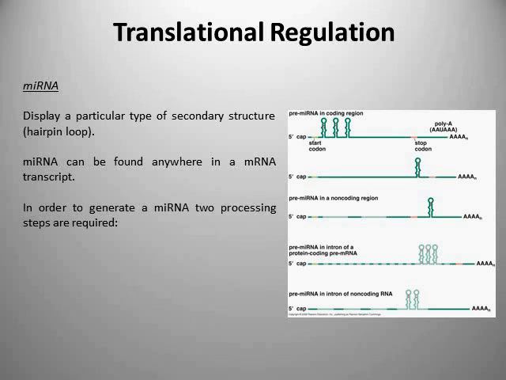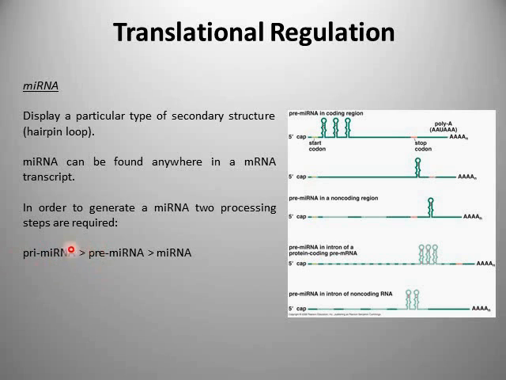So how do we get from these stem loop structures in RNA polymerase II transcripts to the 22 nucleotide microRNA that is loaded into that RISC complex and then targeted to specific mRNAs for degradation, etc.? Well, there's two processing events that are required. In this state, when the stem loop is present as part of a longer RNA transcript, this is called a primary microRNA.